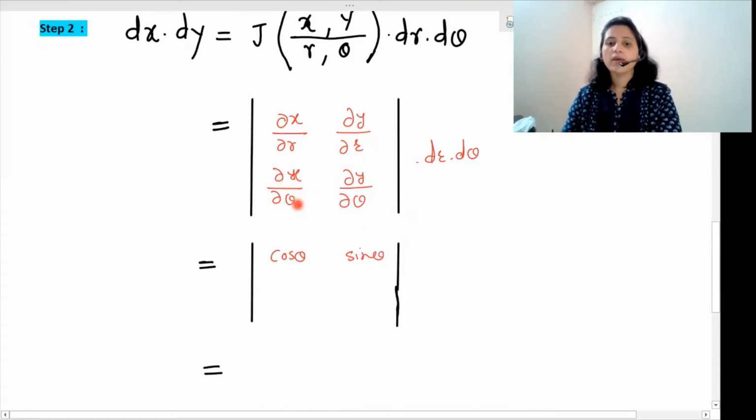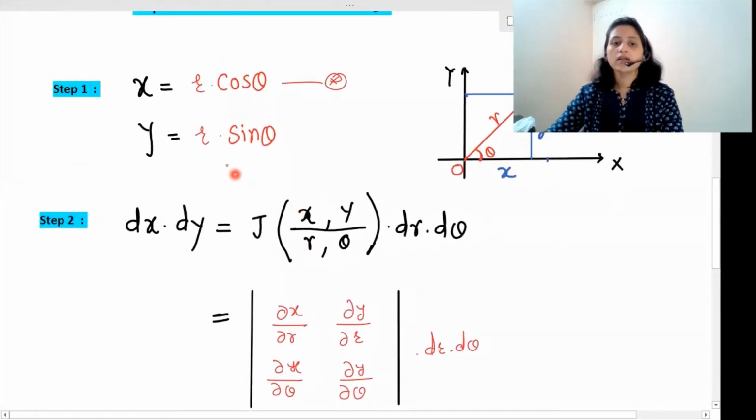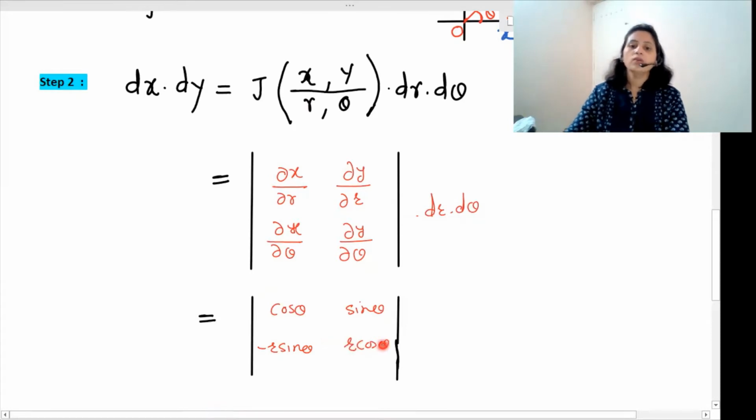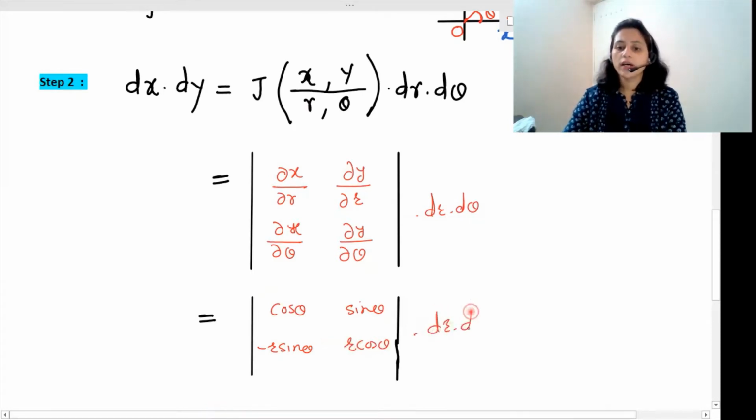Now ∂x/∂θ, with respect to theta, it is equal to minus r sin theta, and this is r cos theta, right? Now this dr d theta as it is.